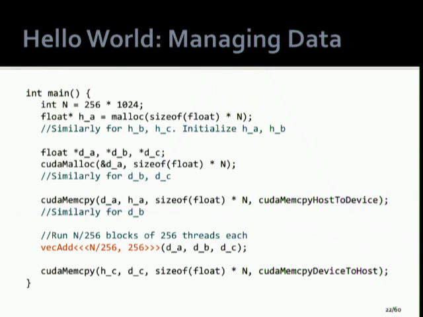But it's going to return immediately before the work has actually been done. So that means that there are barriers that you need to have in your code, especially if you're trying to time something. If you have a loop that does this vector addition 1,000 times, and you want to then time that loop and divide by 1,000 to get the time for each of the loop iterations, well, you're going to be in trouble because you're not actually going to measure the execution time at all. You're just going to measure the time it takes to put a function call on the queue 1,000 times, and that's not actually what you want.